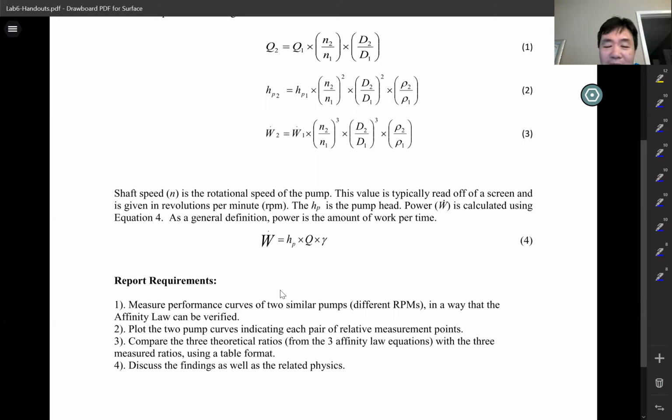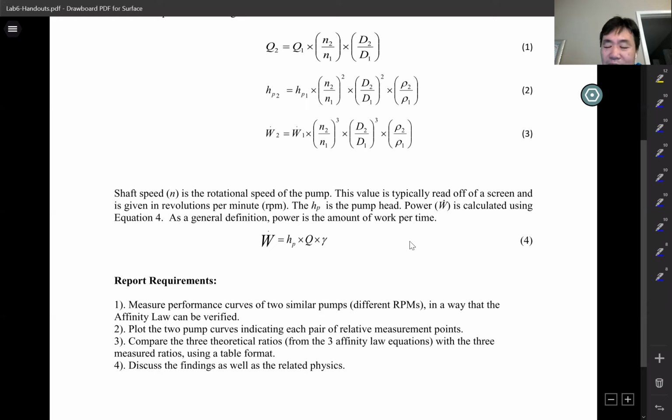You know how to change the speed, and you change the valves to get multiple readings of flow rate and pump head. That's how you produce a pump curve. Now you need to produce 2 pump curves here, one for one RPM, the other for the other RPM. Then plot the 2 pump curves and compare the ratios.